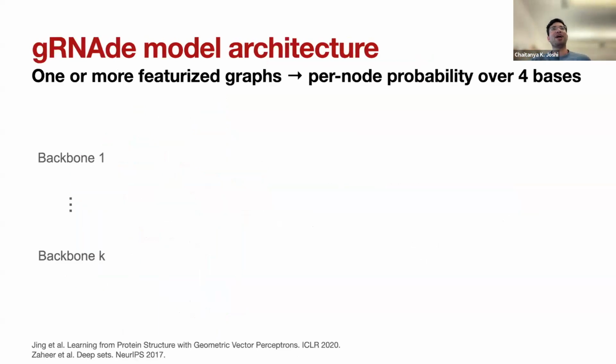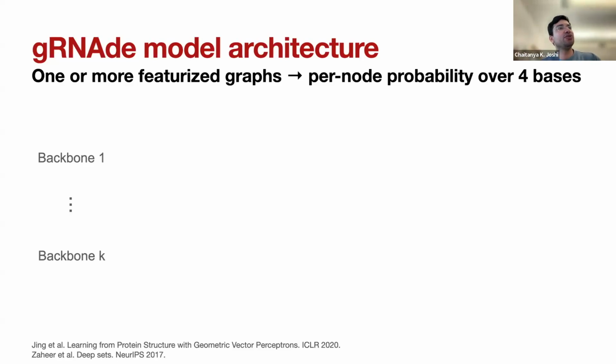So that's how you prepare your graphs. You featurize your graphs, and if you have more than one backbone structure, you'd have featurized multiple graphs. Then the idea is that for every node in your graph, you now need to predict the probability over 4 possible bases. These are A, U, G, and C, which are the 4 bases in RNA.